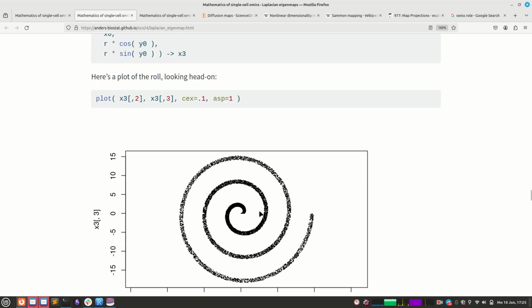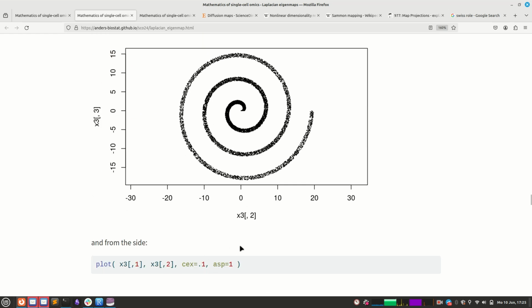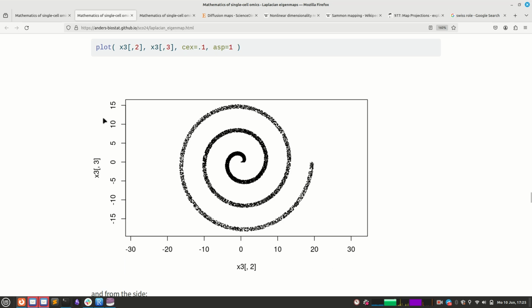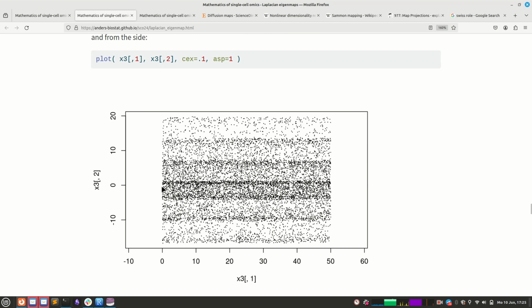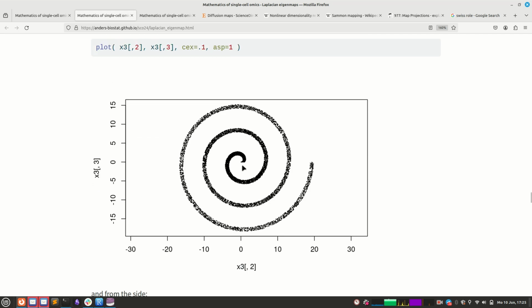And here is now a plot of how this looks if I look at it head on. So x and so the second and the third dimension. You see, this is my Swiss roll rolling out and out and out, and this is looking at it from the side.